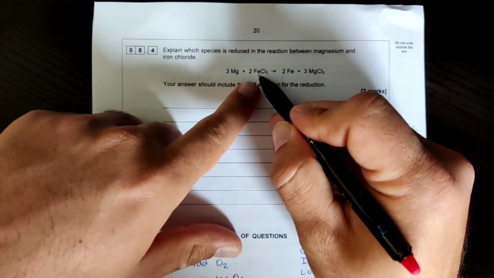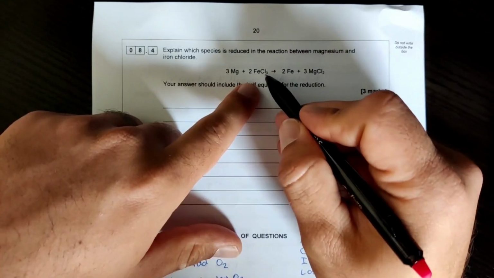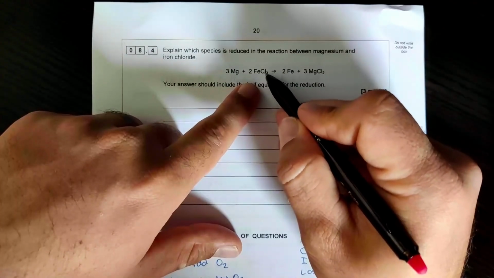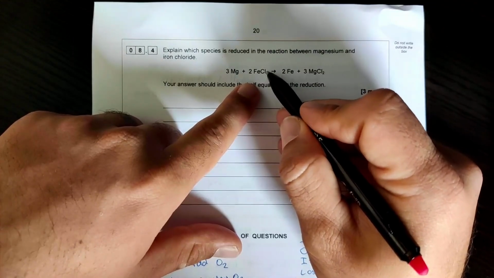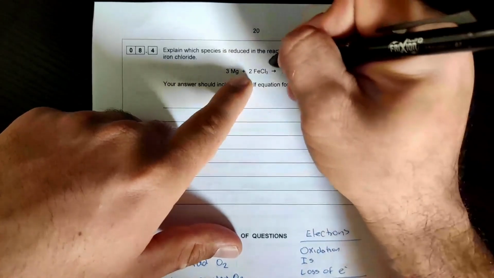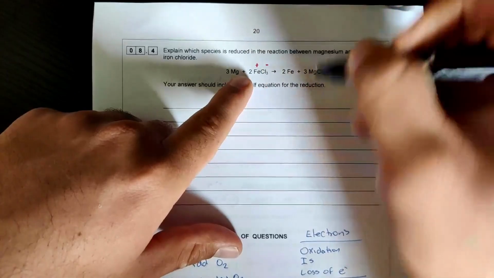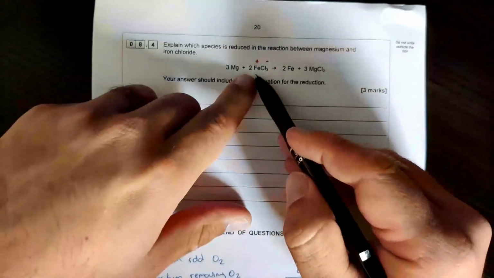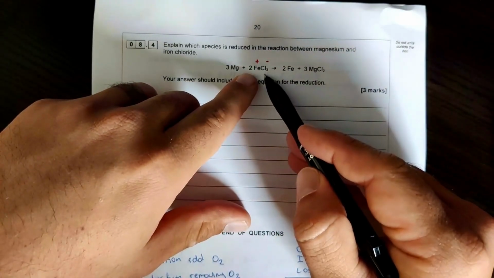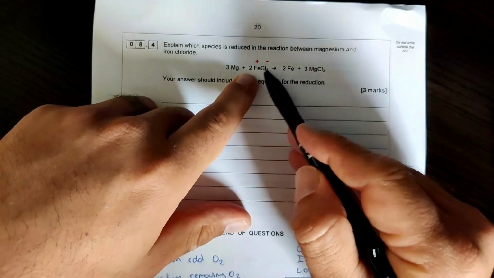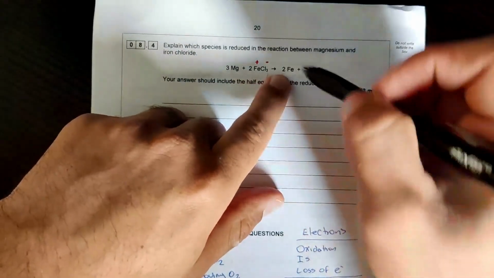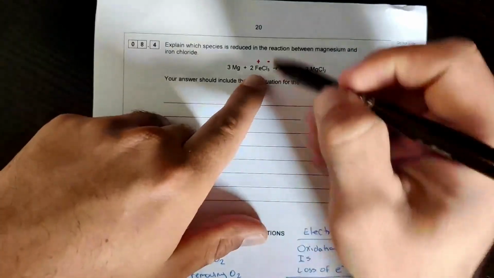And in ionic bonding, the metal loses electrons and becomes positive, and the chlorine gains electrons and becomes negative. So overall, we know that this is negative, and this side here is positive, and they join together to become iron chloride.